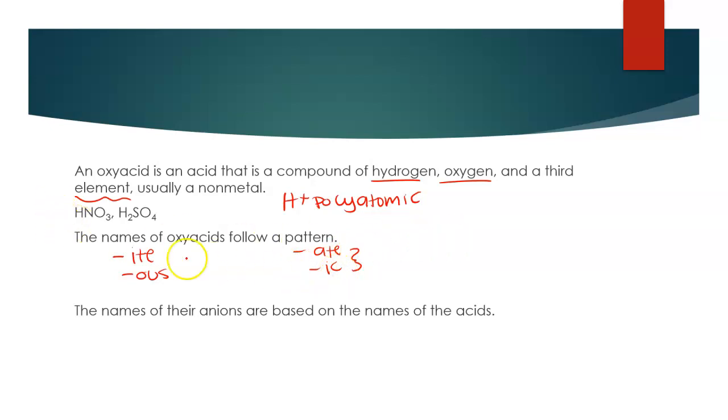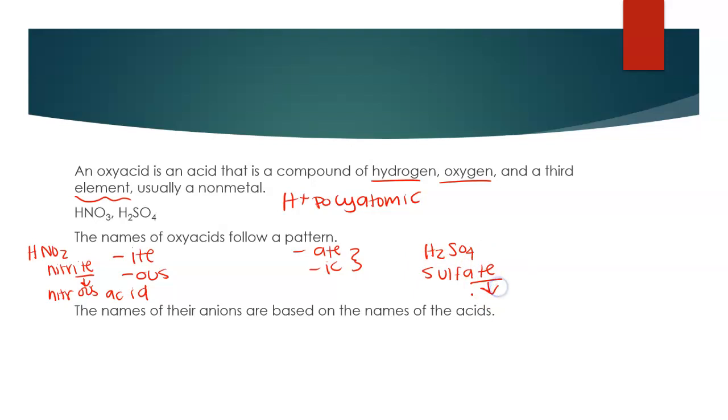For example, we have HNO2. We have hydrogen plus nitrite. The "ite" is going to change to "us." So we would have nitrous acid. In comparison to H2SO4, we still have hydrogen, but now it's combining with sulfate with an "ate" ending.